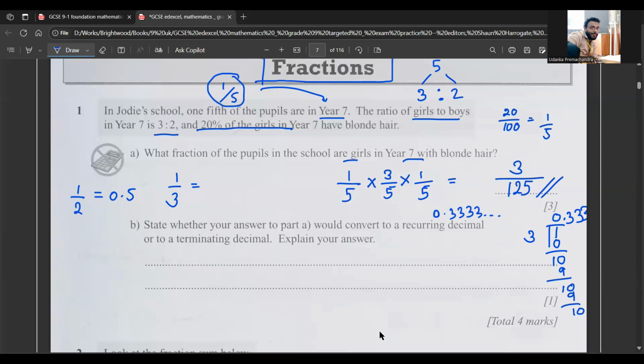Like that, we call it a recurring decimal. Is that clear? There is no ending. So normally, is it a terminating decimal?